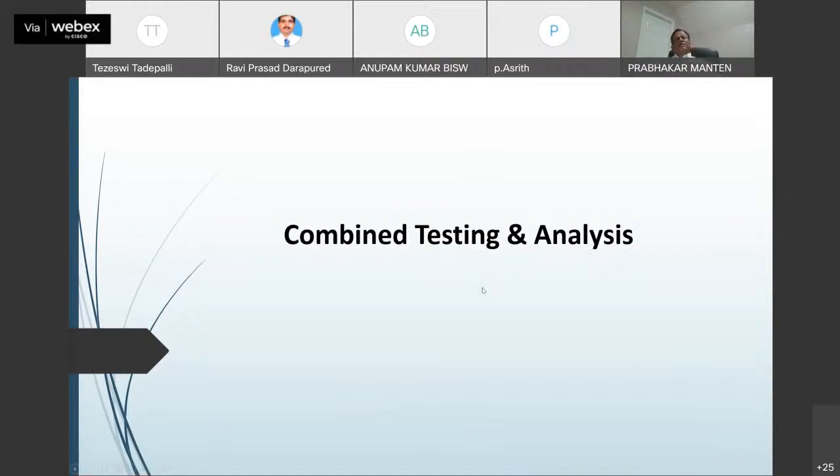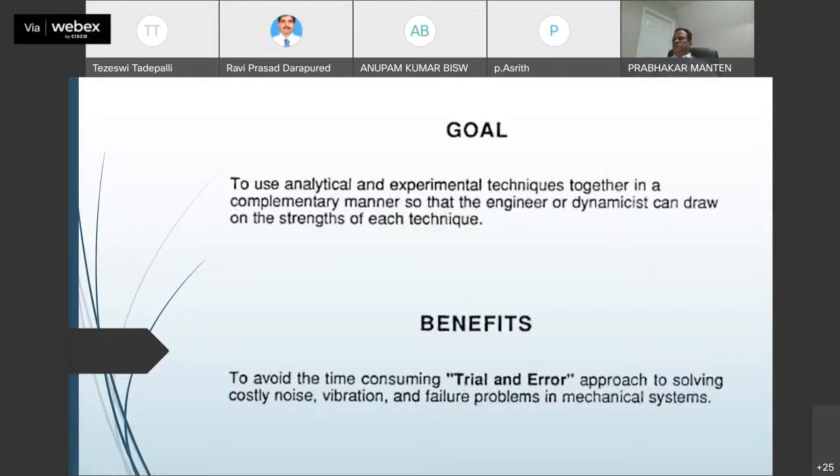A real professional experimental modal analyst would always go back and forth doing both together rather than in isolation. The goal is to use analytical and experimental techniques together in a complementary way, so that the engineer or dynamicist can draw on the strengths of each technique.